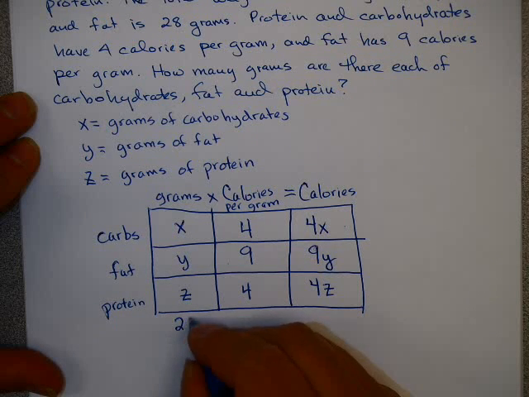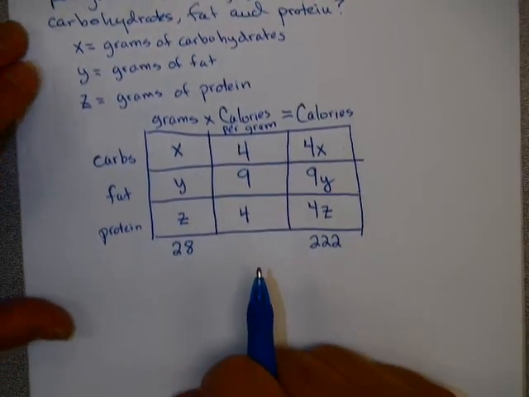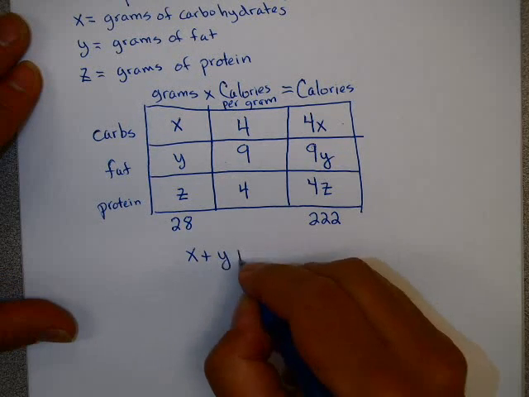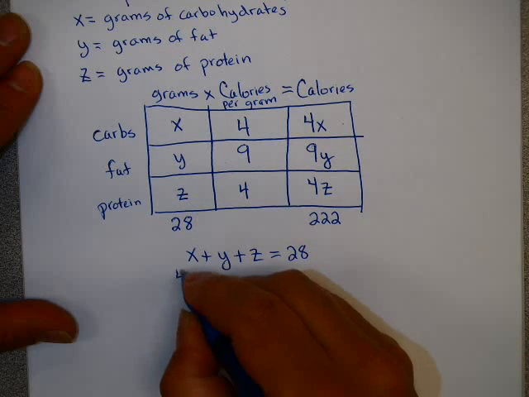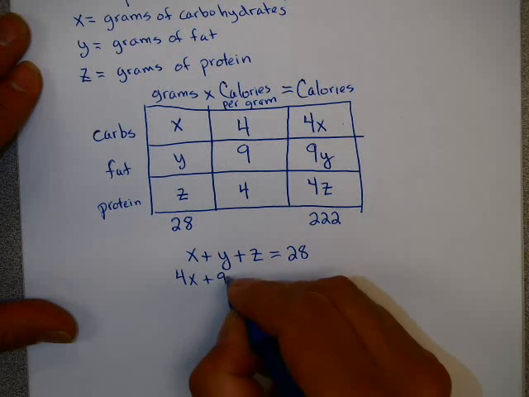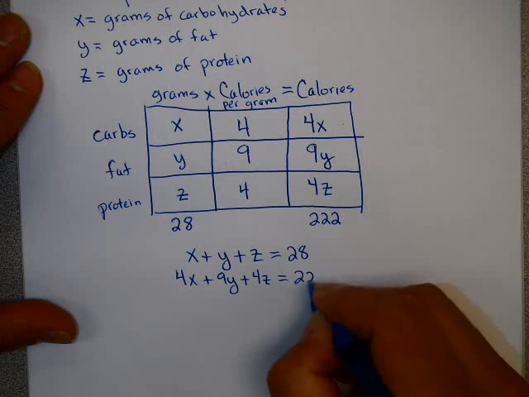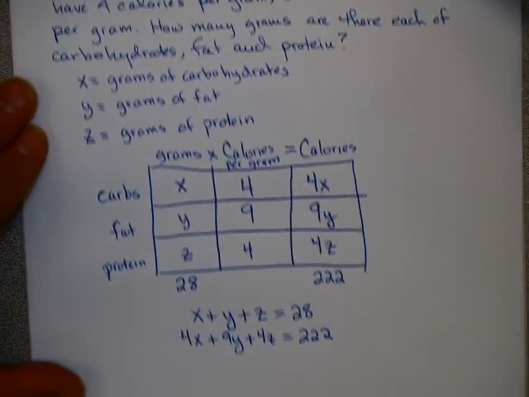I know that I have a total of 28 grams, and I know that I have a total of 222 calories. This gives me the following equations. x plus y plus z equals 28, and 4x plus 9y plus 4z equals 222. I need one other piece of information, and I'm going to go back to the problem to look at it.